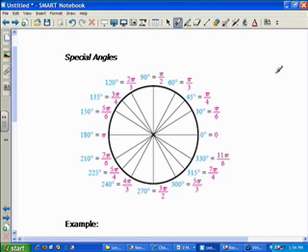Okay? Guys, what I usually do with this is I definitely remember my 0, 90, 180, and 270. Those are simple. 0, 90 would be pi over 2, because remember, 180 degrees is pi, right? So from here to here is pi. So half of that would be pi over 2.